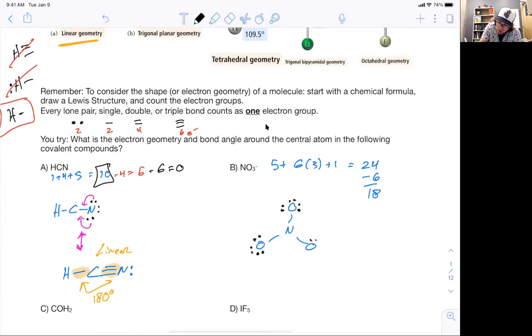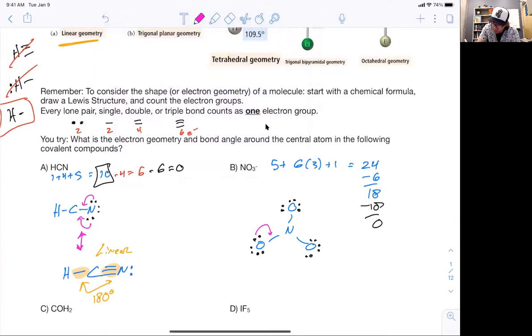That's 6 extra electrons. That brings all of the oxygens up to 8. That uses all of the valence electrons. That used all 24. And yes, all of the oxygens have 8 valence electrons, so they all have that complete octet. But now the nitrogen only has 6. So we're going to have to do the same thing we did before. We're going to have to bring 1 in.